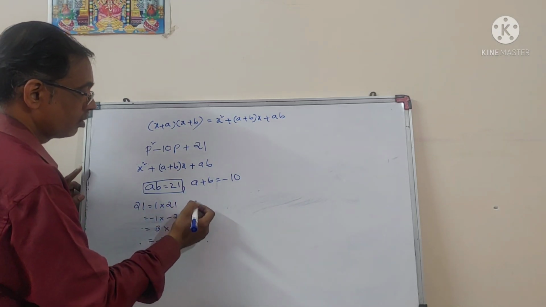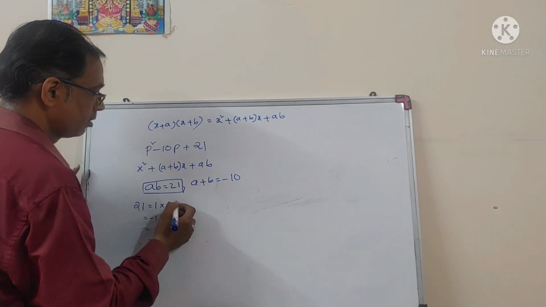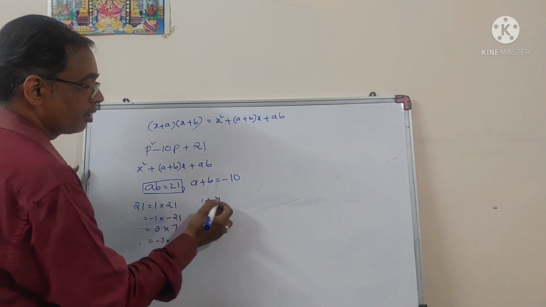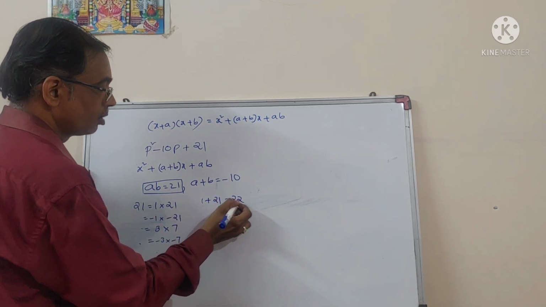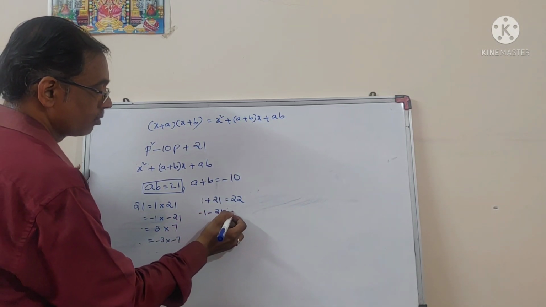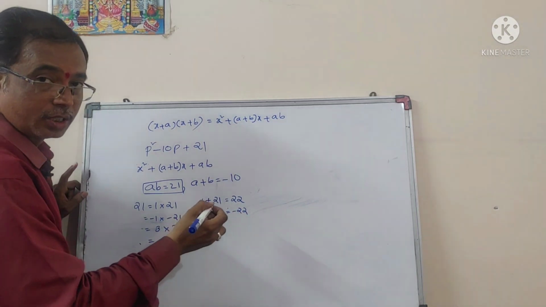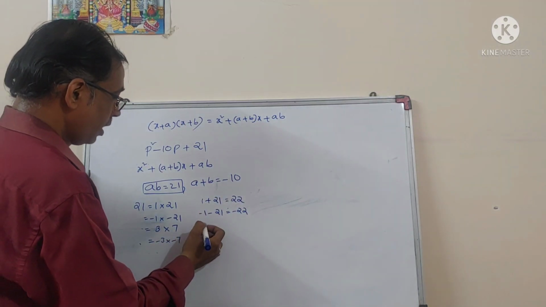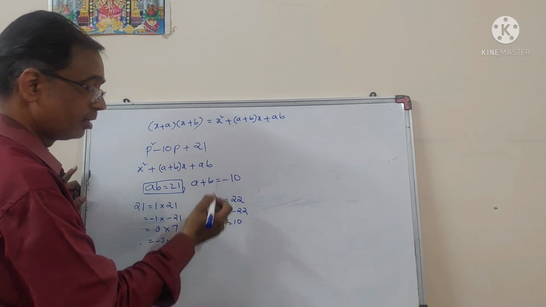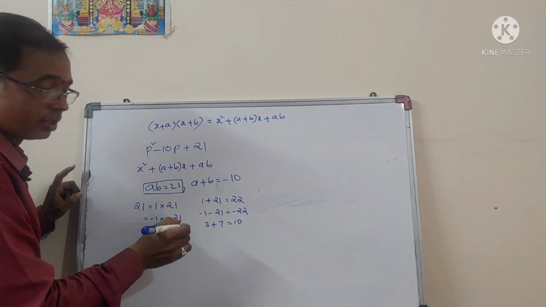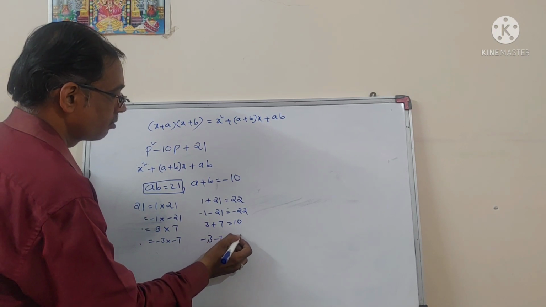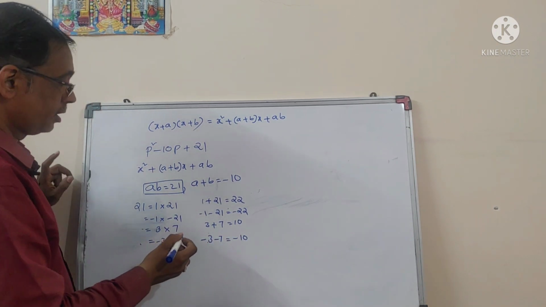Now according to the method, just add these pairwise factors. First we have 1 into 21, add them, 1 plus 21 we get 22, which is not equal to minus 10, and again minus 1 minus 21 we get minus 22, which is not equal to minus 10, and again 3 plus 7 is 10, which is also not equal to minus 10, and then minus 3 minus 7, what do we get, minus 10.